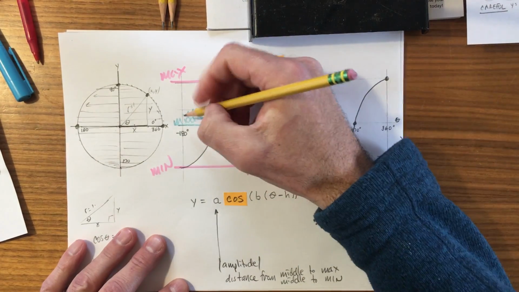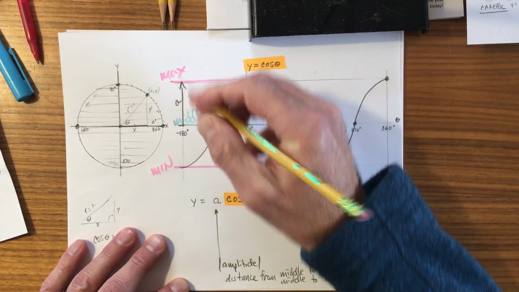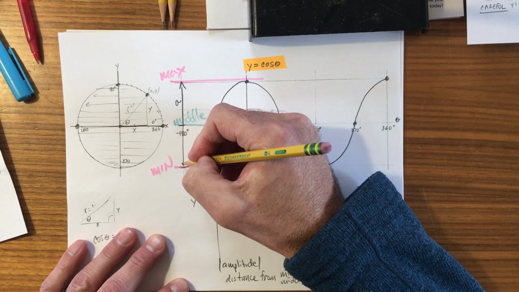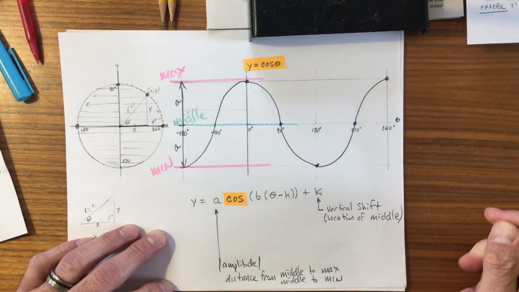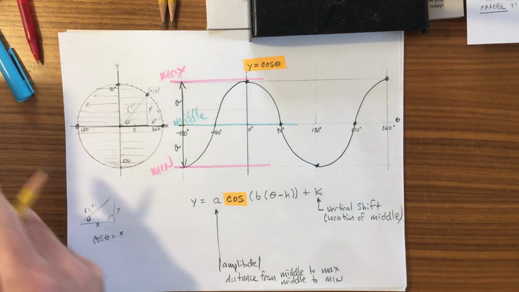So essentially, from the middle up, that's the amplitude, and the middle down, that's the amplitude. Okay?